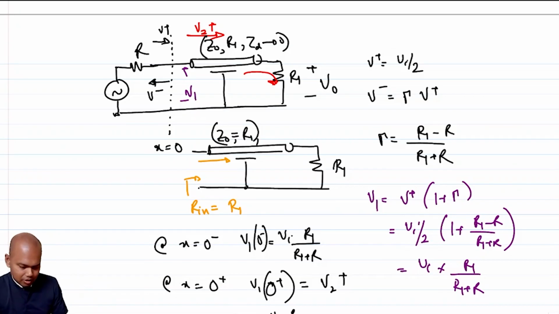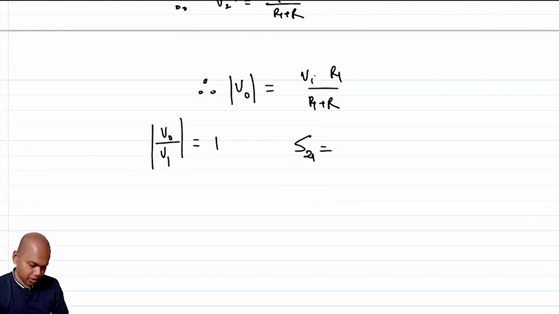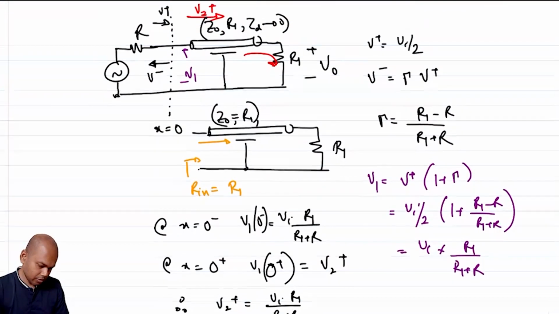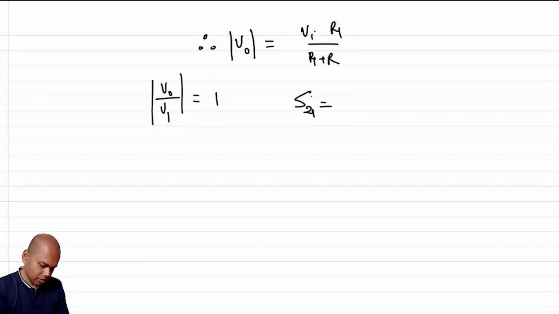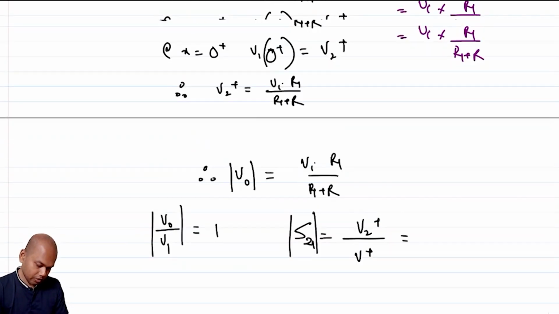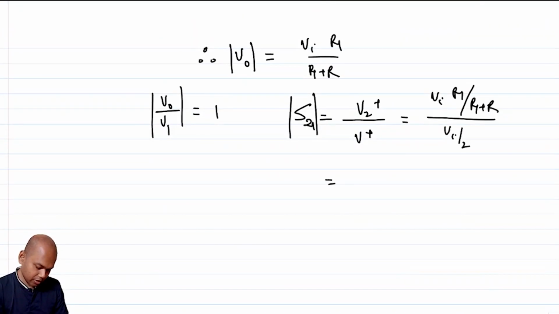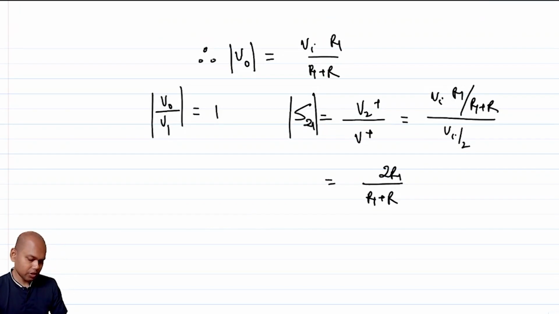So mod of S21 is essentially V2 plus by V plus, which is equal to, so V2 plus is Vi R1 by R1 plus R, and V plus is Vi by 2, which is nothing but twice R1 by R1 plus R, right?